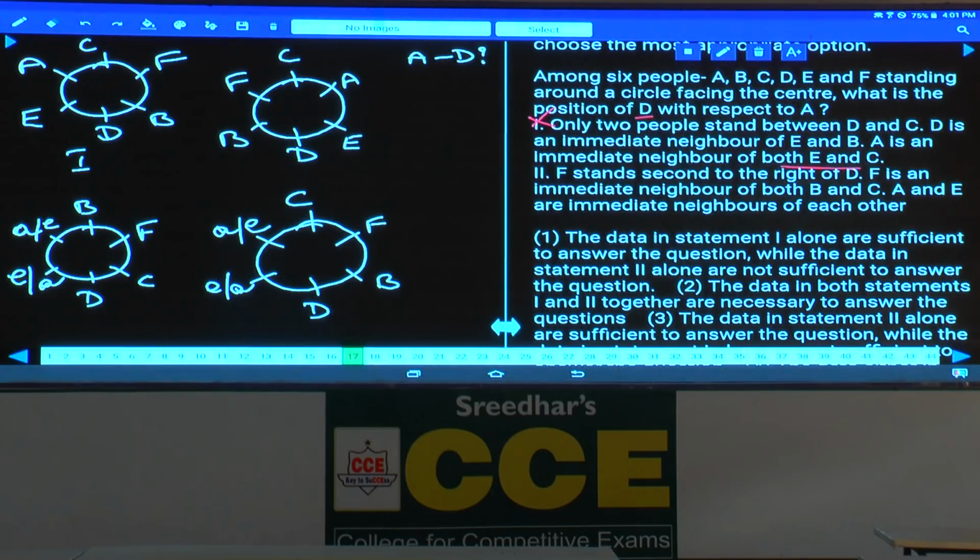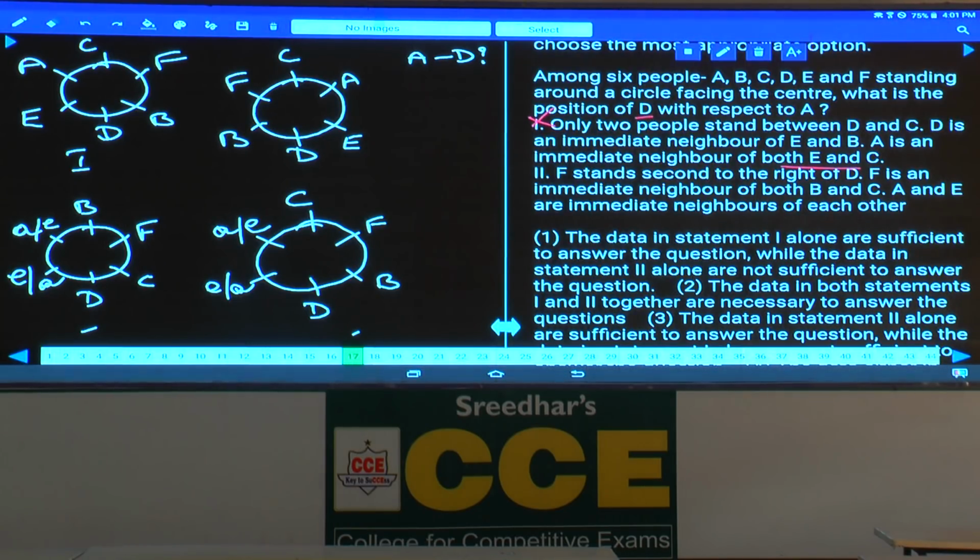Then the position of A itself is not clearly determined, isn't it? Hence, the position of D with respect to A, in this case, either immediate right or second to the right. Are we getting 2 different answers or not? Hence, 2 alone is not sufficient.